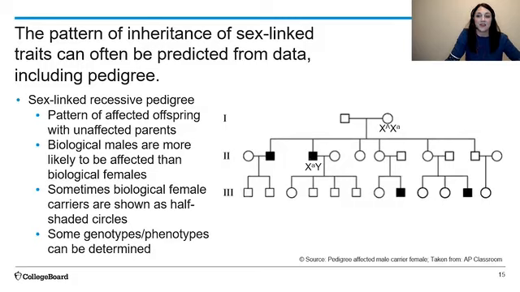I could also identify that this biological female, his mother, has a genotype of a carrier or is heterozygous because she had to provide the recessive allele to her offspring, him. And so we know she has at least a recessive allele in her genotype. But we know that she's not shaded in, so she does not have the trait, so that means that she must be a carrier or be heterozygous.